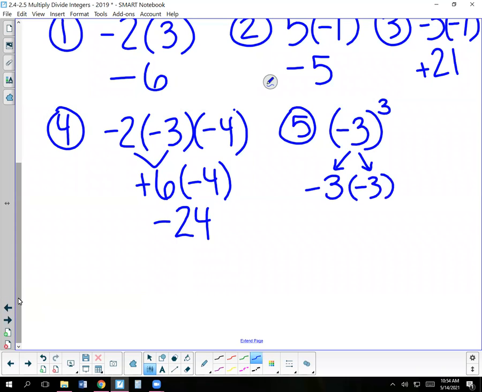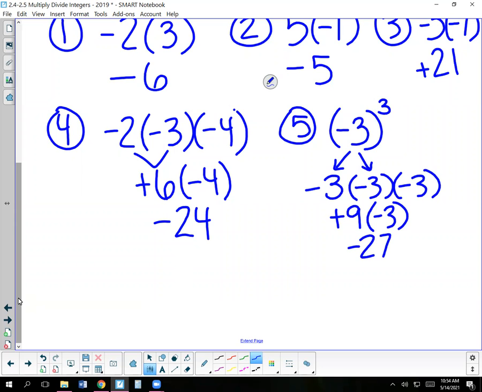Okay, -3 times -3 times -3, that's what that looks like, right? Then you just follow the rules just like before. A negative times a negative is a +9, right? And then if I multiply that by a -3, a positive and negative make a -27. There you go, that's the answer.